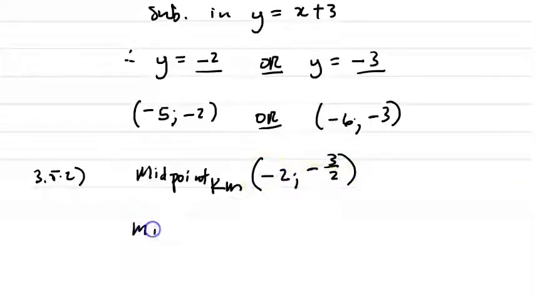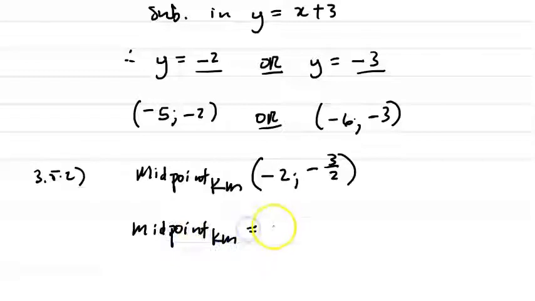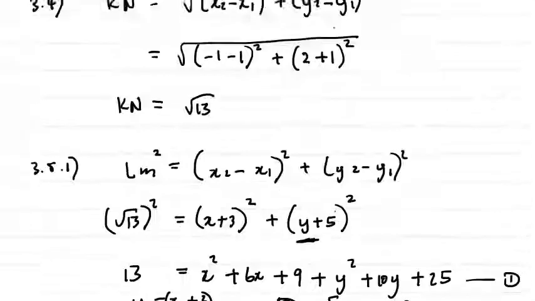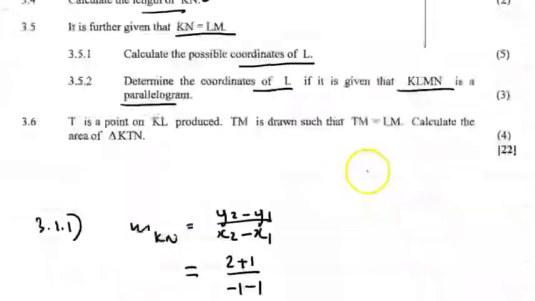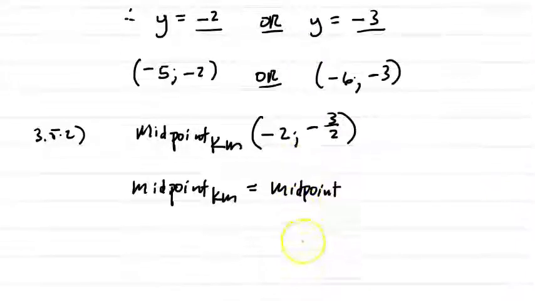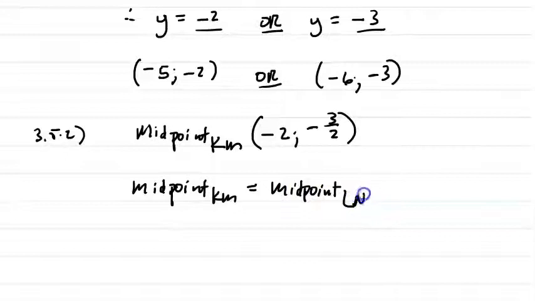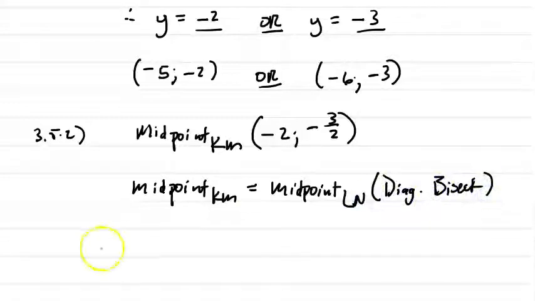Therefore, we can now say that the midpoint of KM is equal to the midpoint of LN, because we're given that this is a parallelogram. Remember that the diagonals bisect each other.